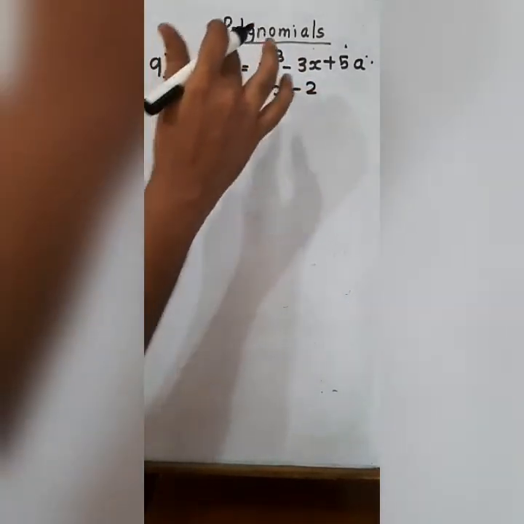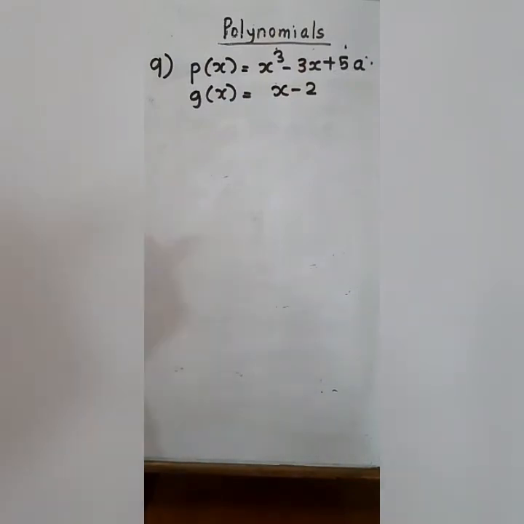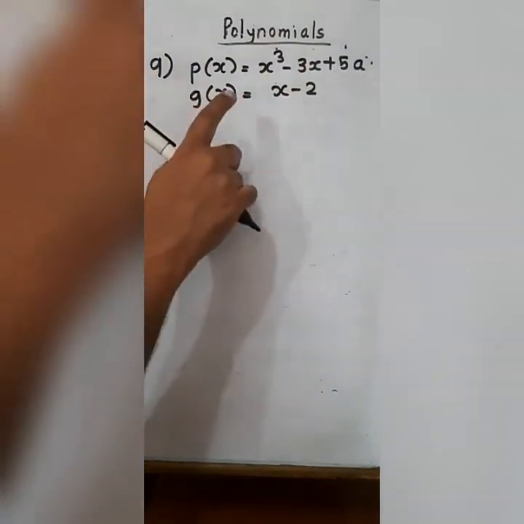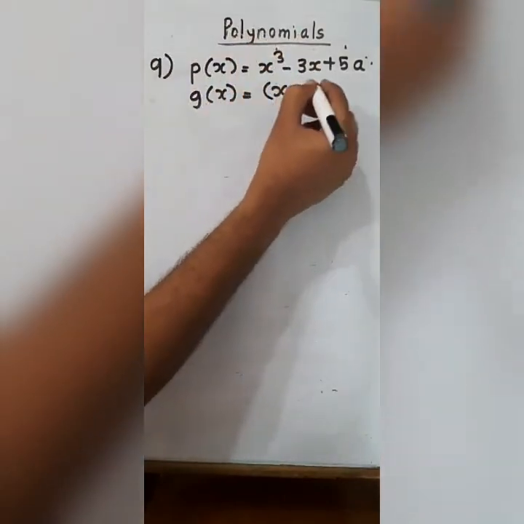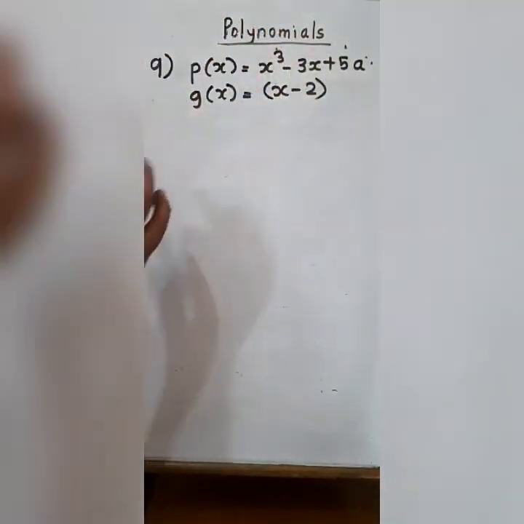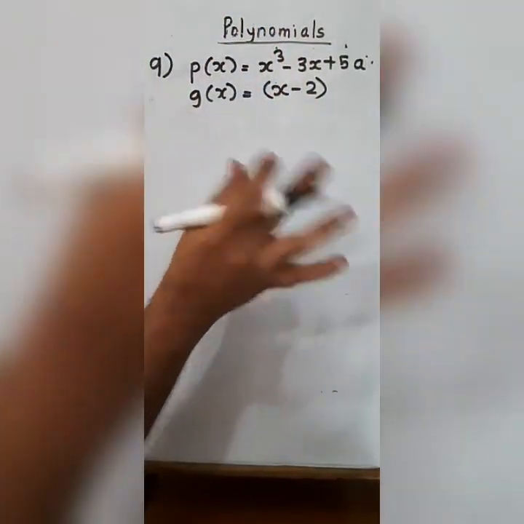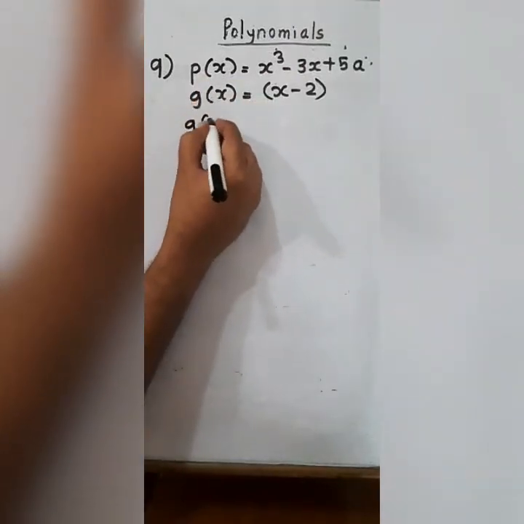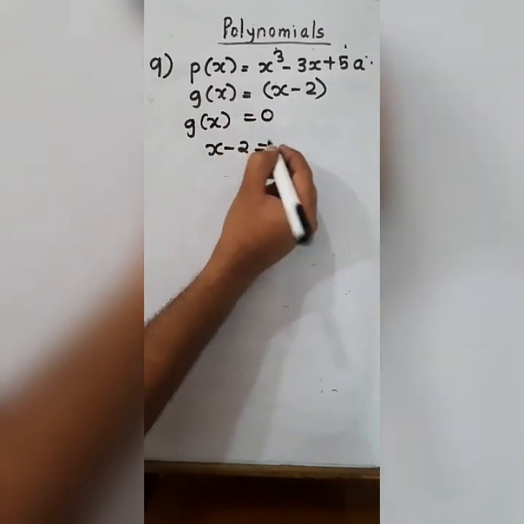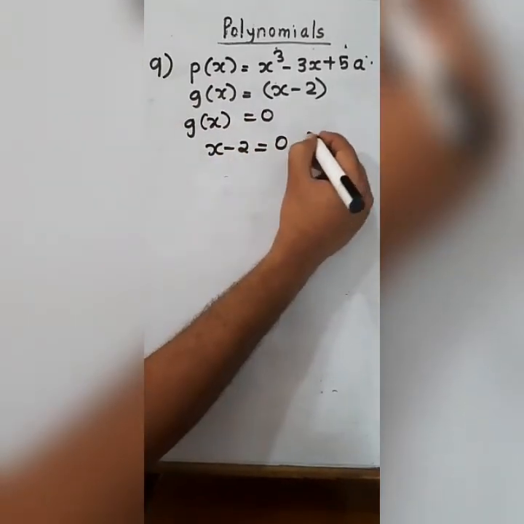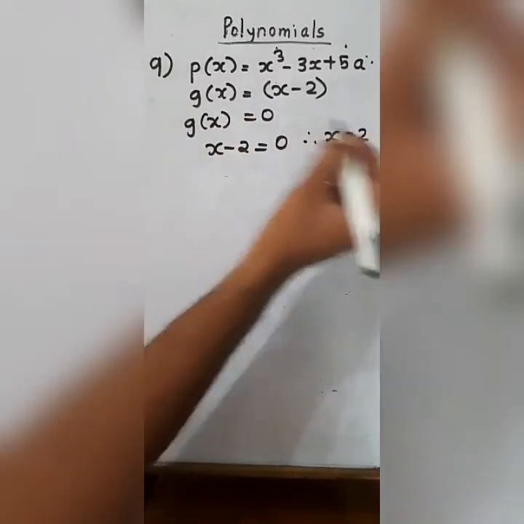Now you divide this by this, and if the answer is 0, then this g of x is a factor of this, means it can divide it. And if it is given that it is a factor, then you have to write remainder is equal to 0. So now first g of x equal to 0, therefore x minus 2 is equal to 0, therefore x equal to 2.